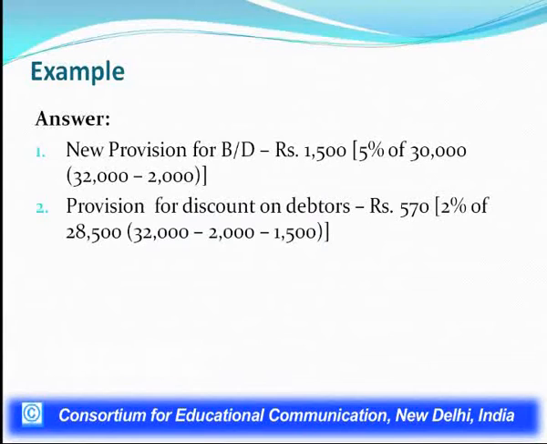Then provision for discount is calculated on the debtors after deducting further bad debts and provision for bad debts. So, further bad debts 2,000, new provision for bad debts 1,500, so remaining amount is 28,500. We have calculated 2% of this amount, that is 570.